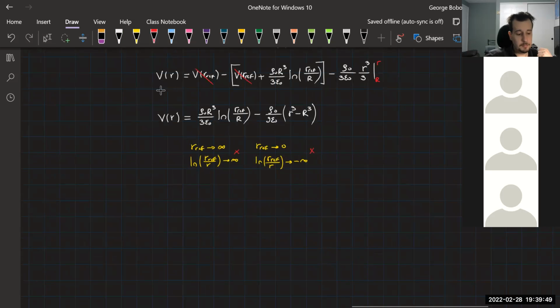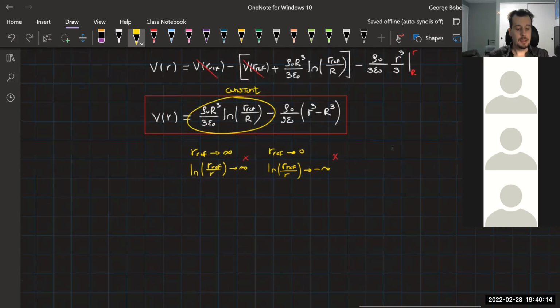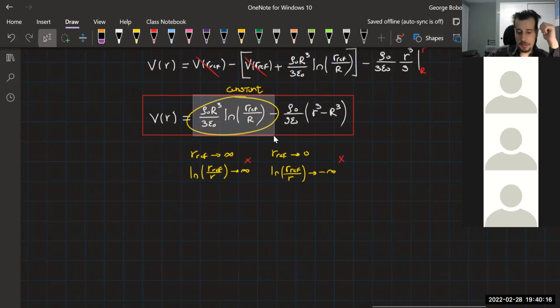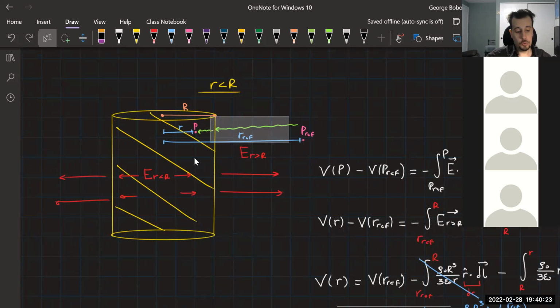That is a function again for the potential that works only for V inside. Notice that this is a constant. I don't know if you're even noticing this. You might say, why, George? Where the heck did the V ref go? Well, this is the potential that you gain from moving from here to here.